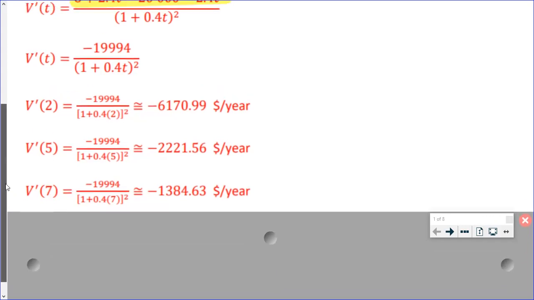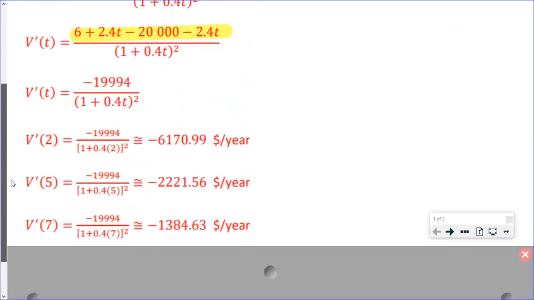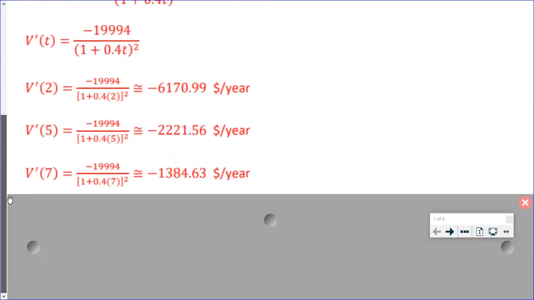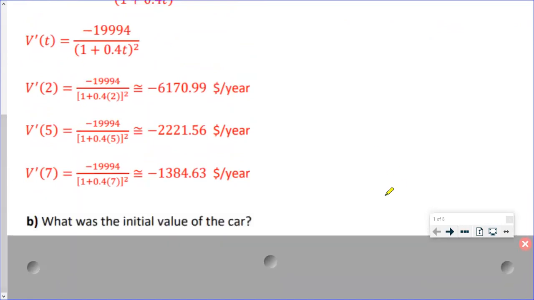Now remember, we were never given the initial value of the car. We were given a function to represent the value of the car in dollars. But if we are being asked to find the initial value of the car, does anyone have any idea of what value of t we would substitute into the equation?